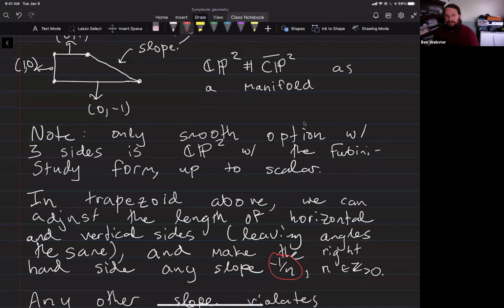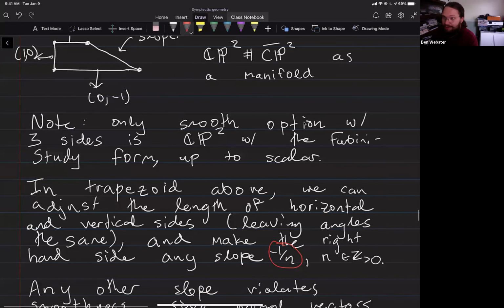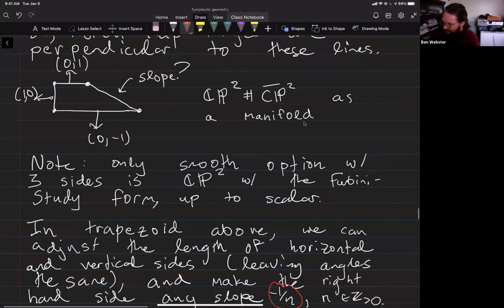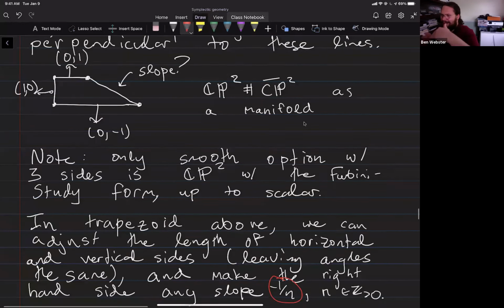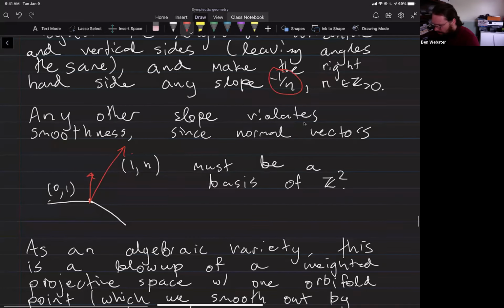And as long as I'm keeping the slope fixed, that's always just adjusting what the symplectic form on my manifold is, with the same underlying torus action, I should even say. Whereas what happens when I change the slope is a little more complicated. It still doesn't change the diffeomorphism type, but it's weirder.